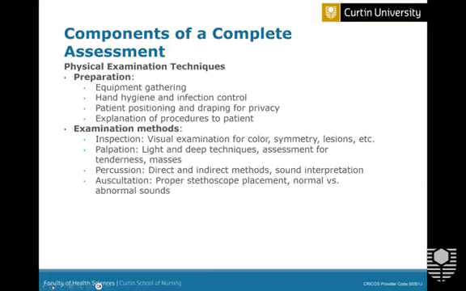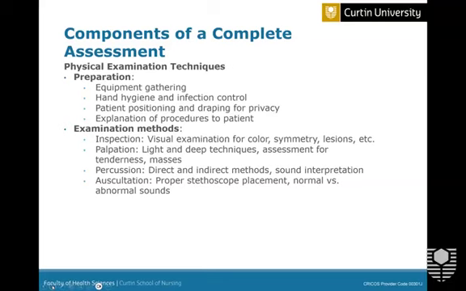In terms of examination methods, we use the IPPA format. Inspection, that's the I, is the visual examination of the system we're looking at, so it might be around colour, symmetry, lesions. Palpation includes light and deep palpation techniques.